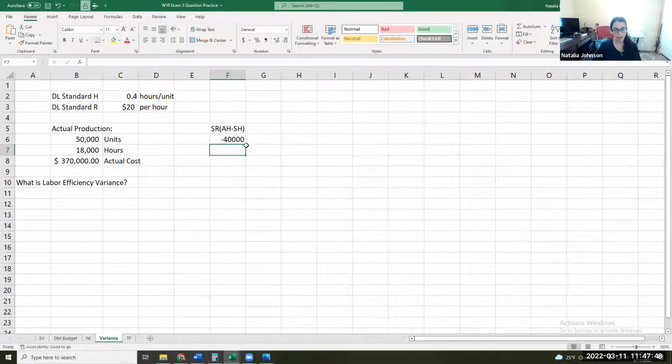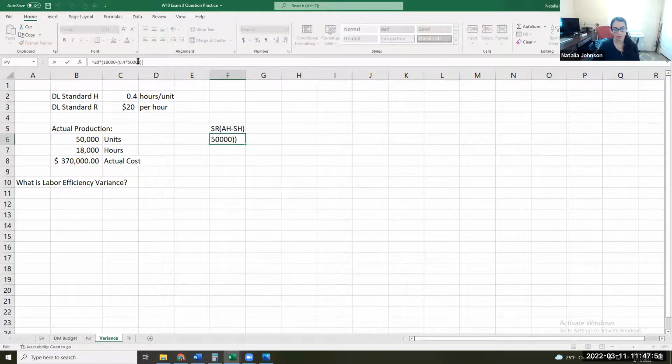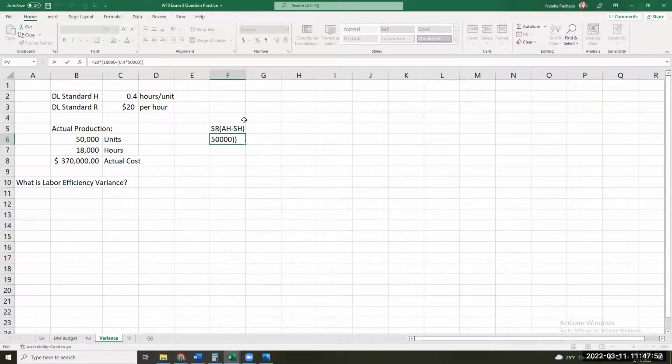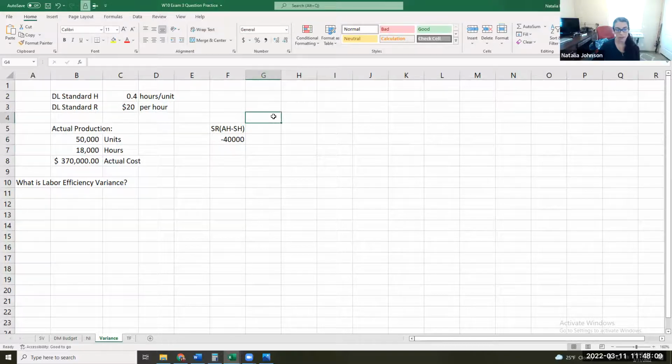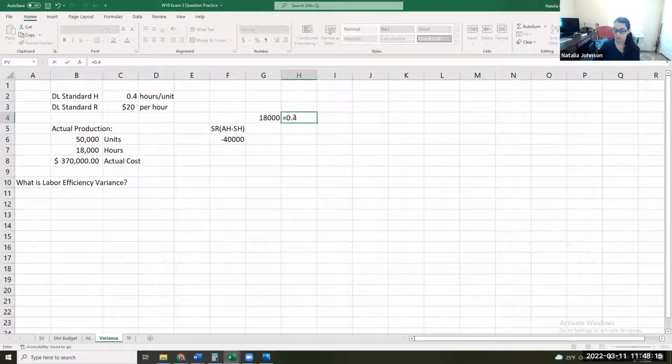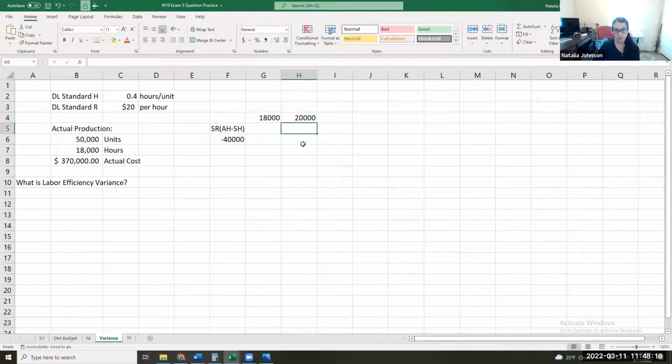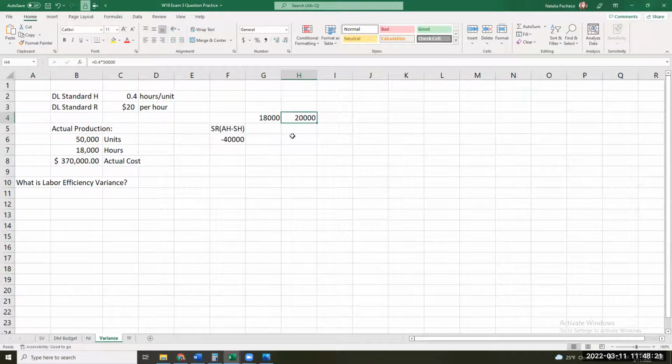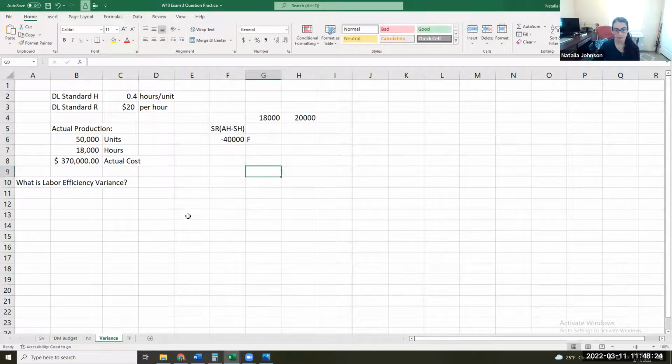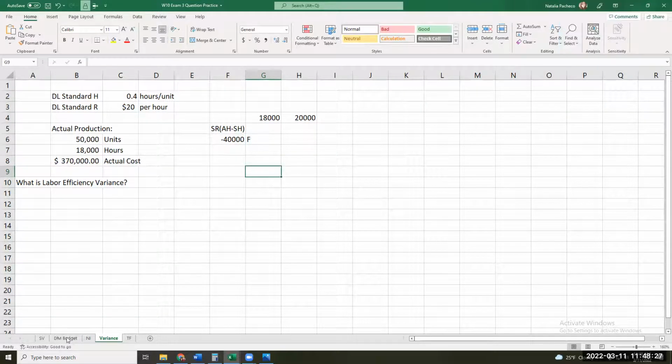Even if it's positive or negative, how do you know if it's favorable or unfavorable? You compare it to your actual. If the actual hours are higher, then it's going to be unfavorable. So the actual hours were 18,000, and the standard hours is 0.4 times 50,000, which is 20,000. So it's favorable, because what they used is less than what they were scheduled for.